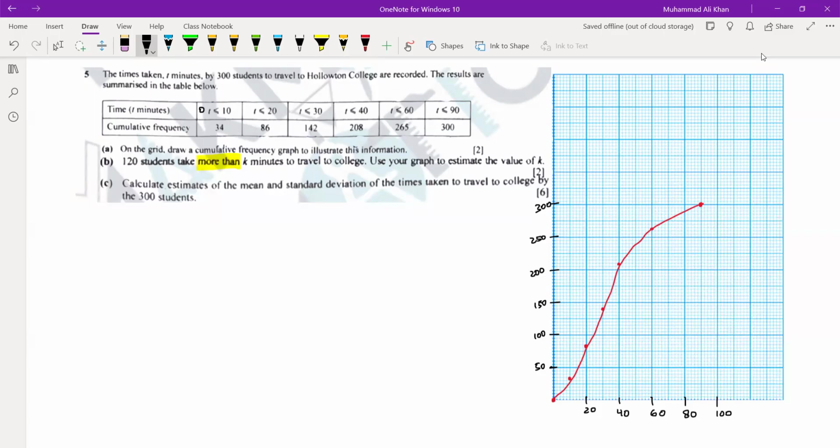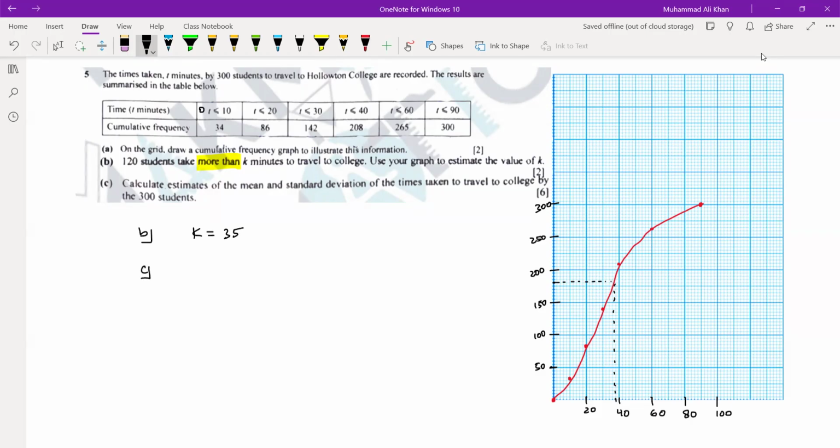From 180, we have to move by dotted line, go down, and use a scale so that you can get the real value. I'm not using the scale. So the value is somewhere around 35, right? So the value of k for part B is 35.